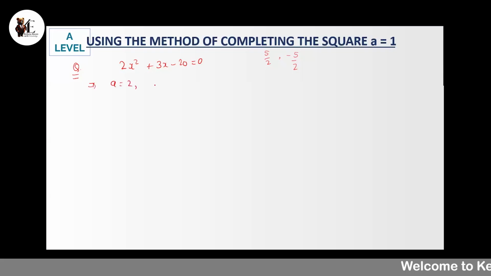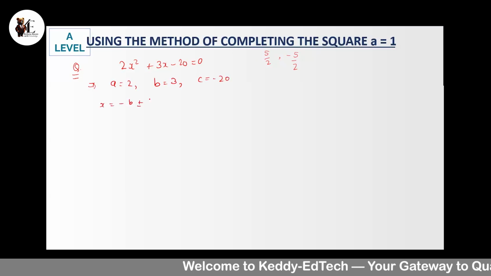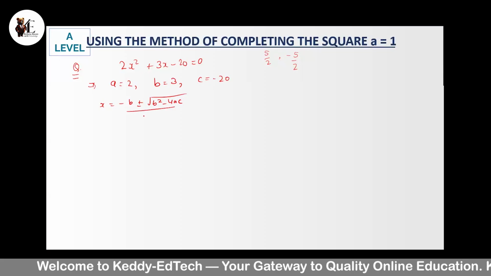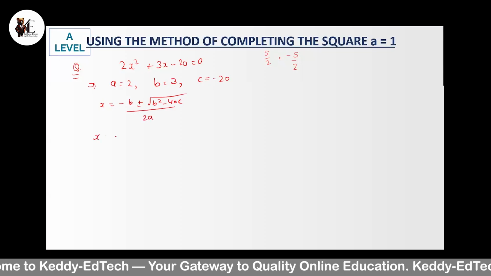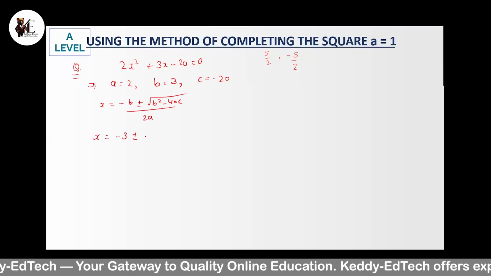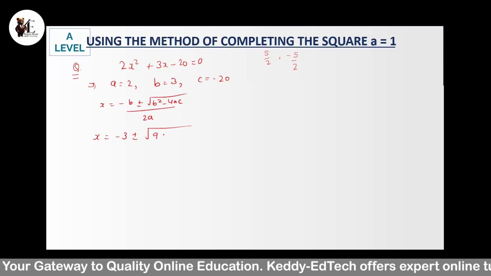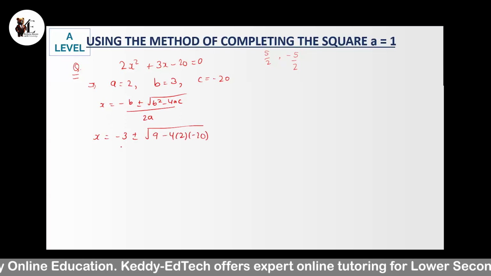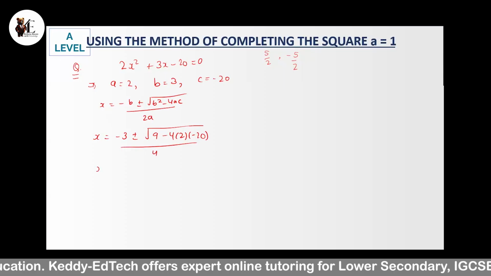A is equal to 2, B is equal to 3, and C is -20. So the formula is X equals negative B plus minus square root of B square minus 4AC, over 2A. Substituting the values, that will be -3 plus minus square root of 9 minus 4 into 2 into -20, over 2 into 2, that is 4.